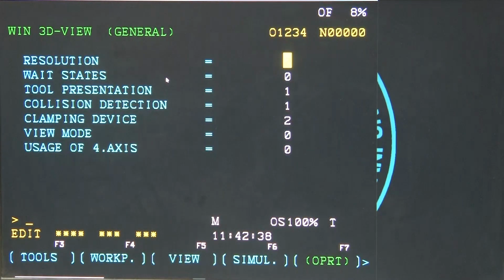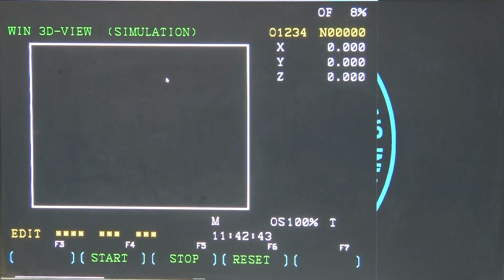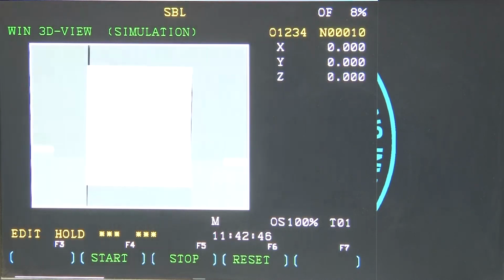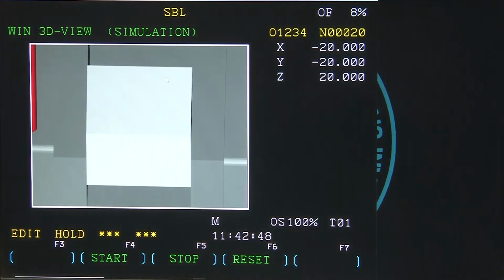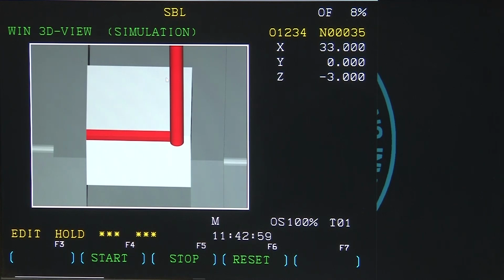So, if you see the x, y, z coordinates, right now it is at 0 0, now it will be made. See, now the x, y, z coordinate is changing. You can figure out from the program that we have given how much x, how much y, how much z the tool is moving and should move.